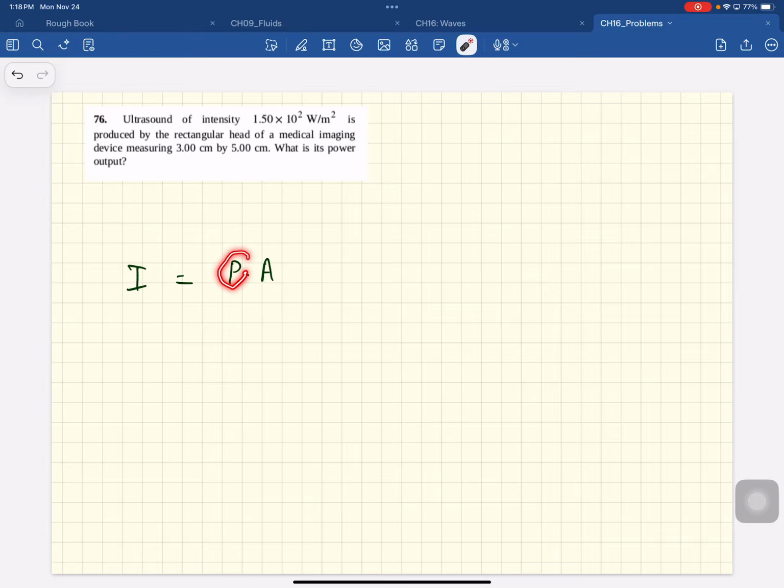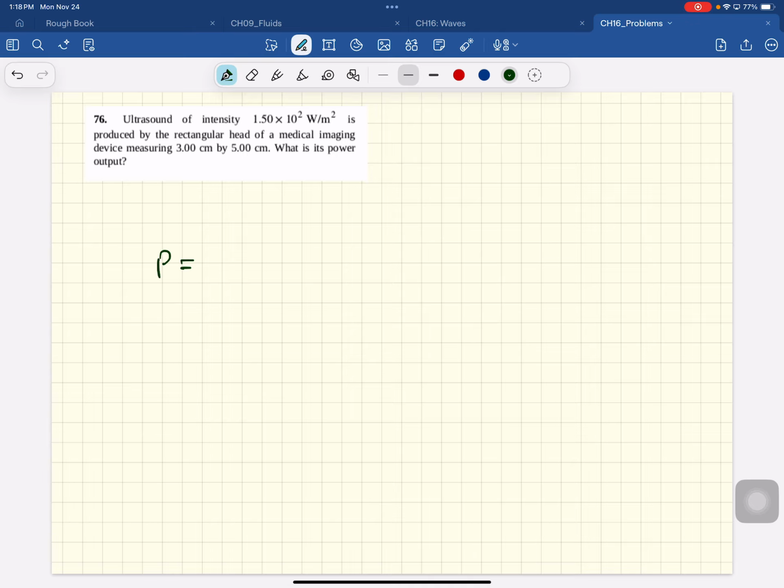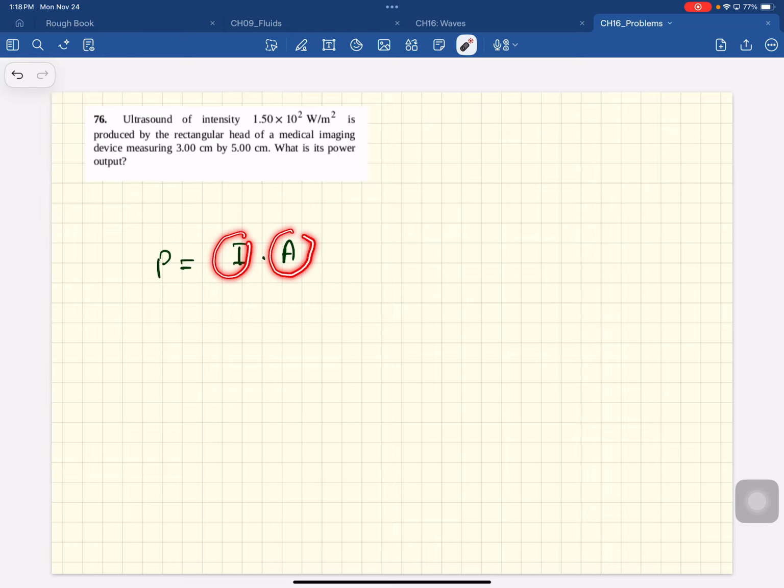Power is, no, I'm mixing this up. Power is intensity times area. Okay, so intensity is energy per second per unit area, and intensity times area gives you power, energy per unit time.